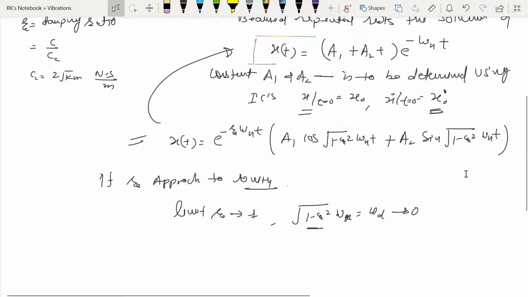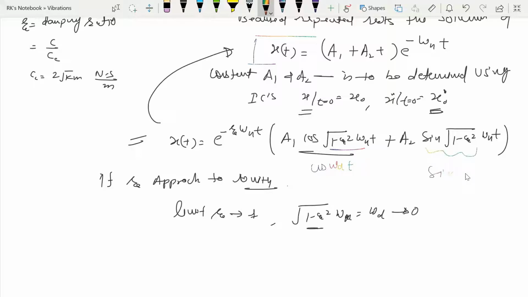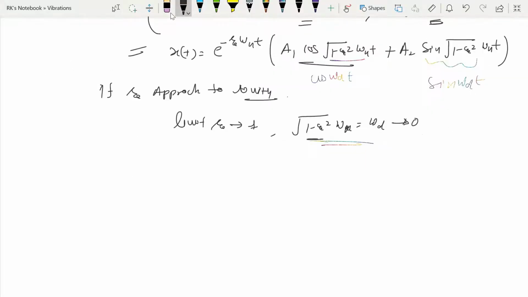In this equation we have cos omega d t and sine omega d t. Square root of 1 minus zeta square multiplied by omega n is the damped frequency omega d, and if zeta tends to 1, then omega d tends to 0.